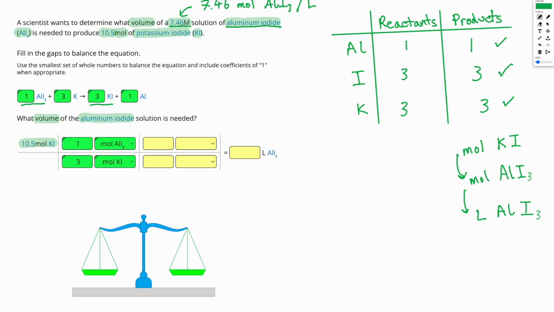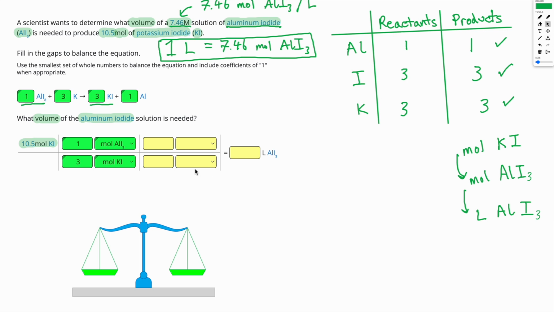So what that's telling us is that in 1 liter of solution, we have 7.46 moles of AlI3. So that is going to be our conversion factor that we're using in this question for our solution of aluminium iodide. 1 liter has 7.46 moles of AlI3 in it.